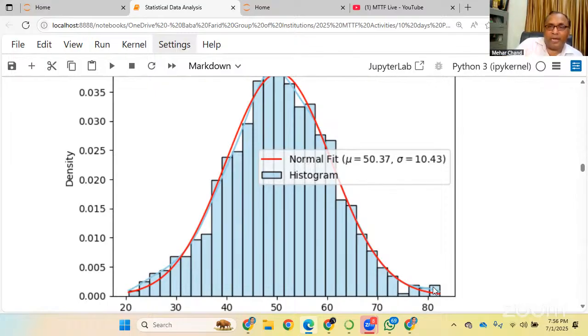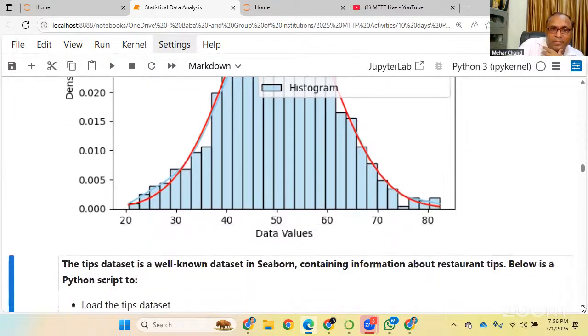And you can see in the normal fit, the value of mu is 50.37, which is computed from our input, and the value of sigma is 10.43, and the red line shows the normal distributed curve.